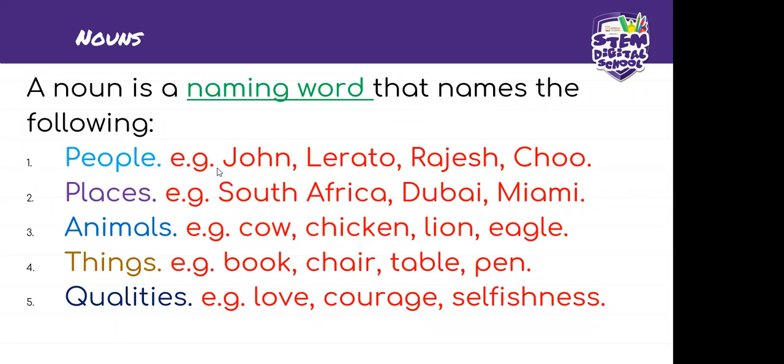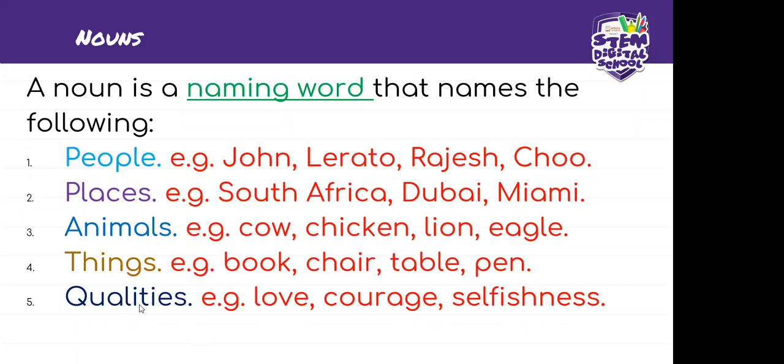For example, we have people named John, Lerato, Rajesh, Chu, okay? So those are some of the names of people and those names are nouns, okay? Every name is a noun.